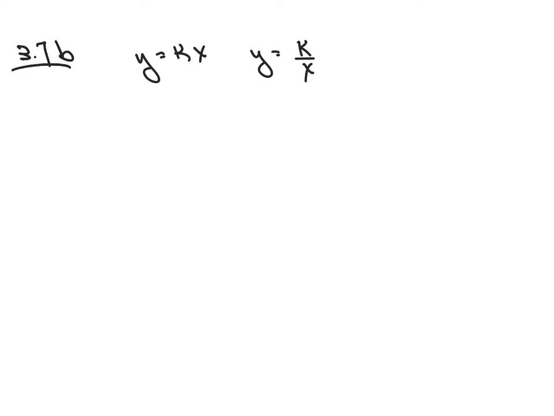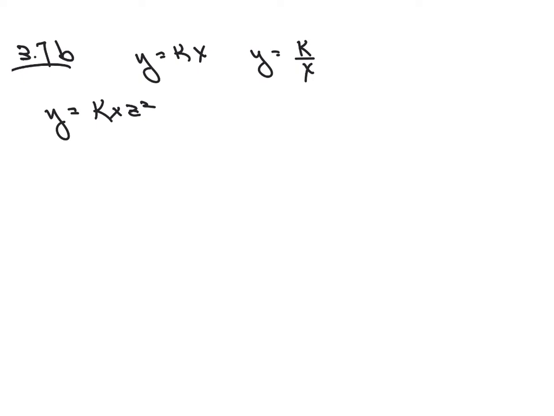Okay, example 4. Let's write the equation first. Y varies jointly, so I know I'm going to have multiplication. I know there's going to be two variables since it says jointly, with x and the square of z.